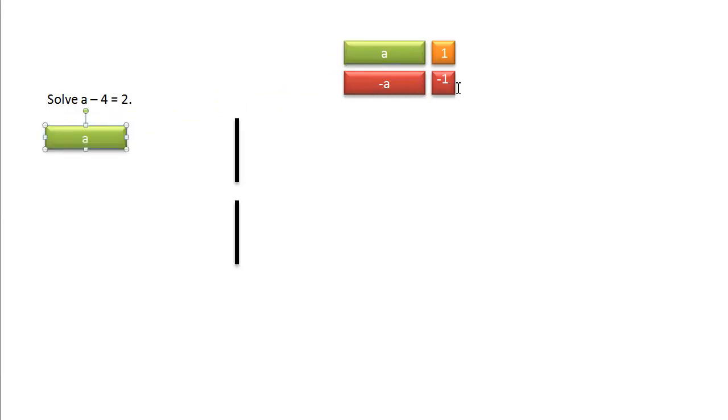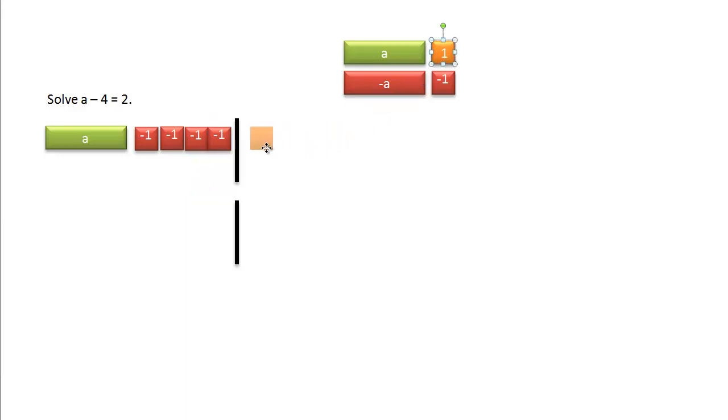And we want minus 4, so we need 4 of these -1 tiles. Control D duplicates. We can move them over if we choose, or we can leave them in a staggered appearance. And then on the right-hand side of our bar, we need a positive 2.